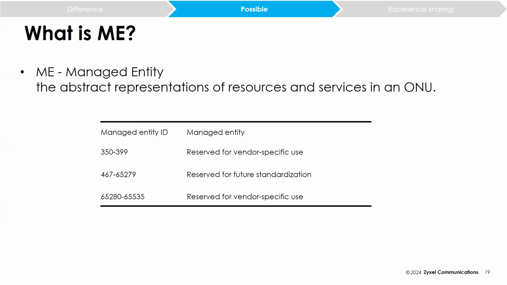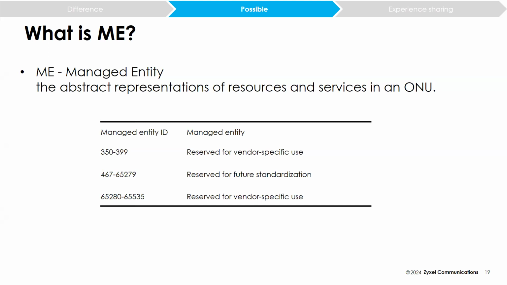Okay, so let me see what NE is first. The term NE is an abbreviation of managed entity, which is the abstract representation of the resource and the service in an ONU. And each NE has its own entity ID and some instances. The entity ID starts from the number 1 to 65535.